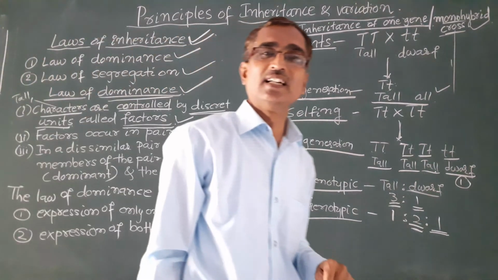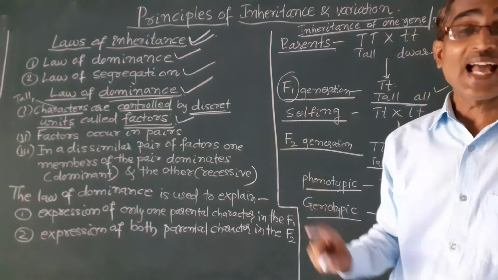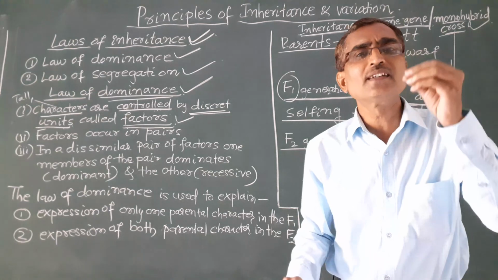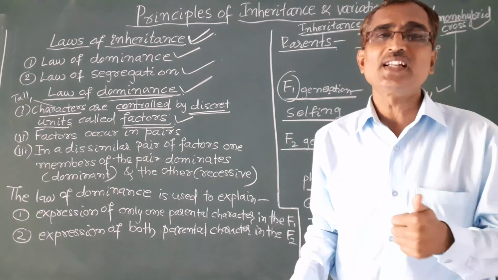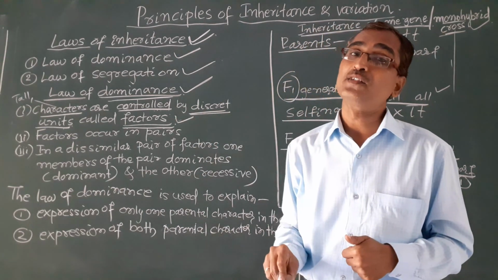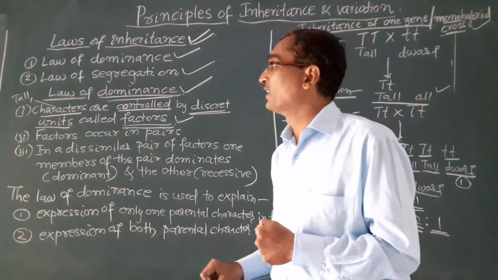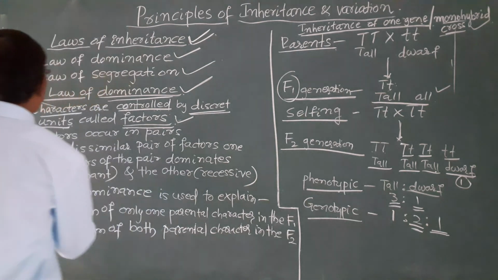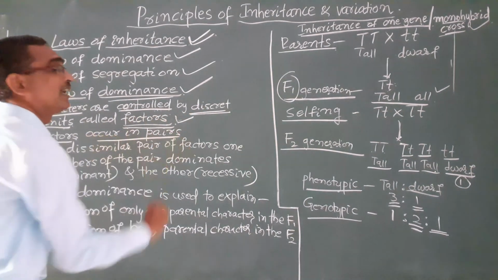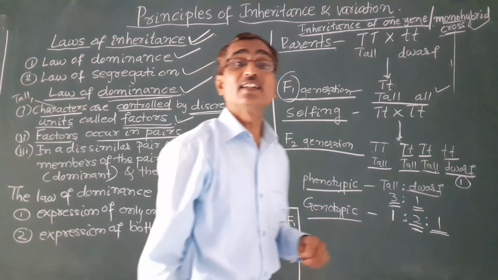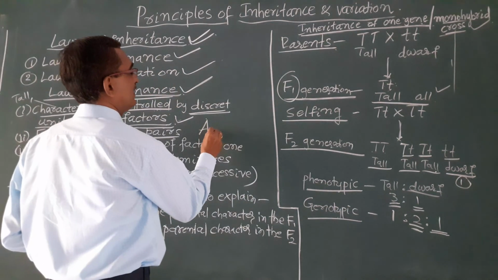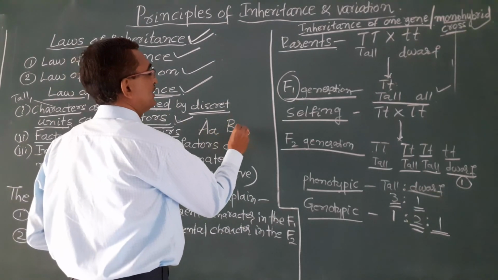The characters are controlled by discrete units, that means certain units, and those units are called factors by Gregor John Mendel. Then he said that these factors occur in pairs, like capital A, small a, capital B, small b.